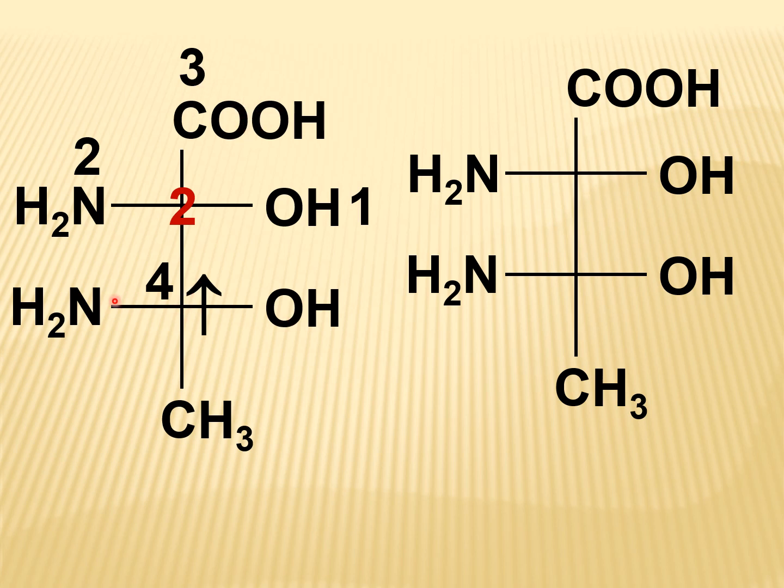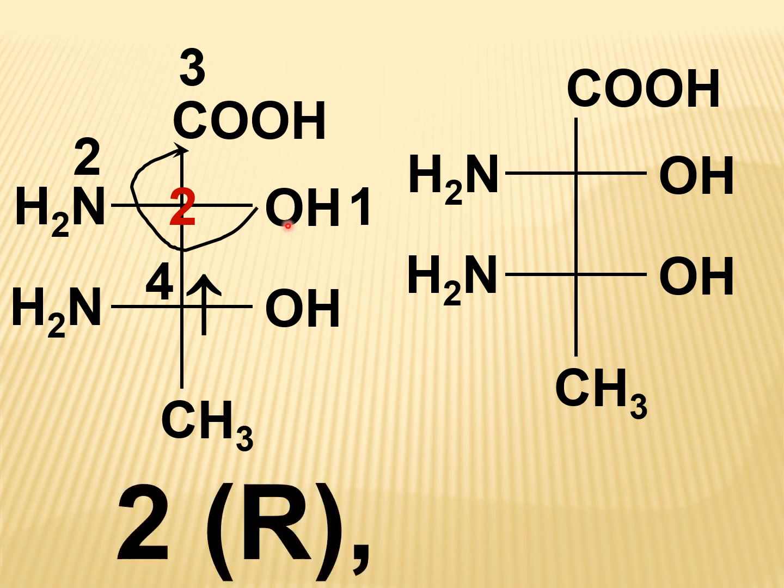In this case 1 oxygen, 1 nitrogen, 1 carbon, so priority is 4. View from behind the fourth priority group, which is in the vertical position. Move from 1 to 3, that is clockwise, and so the naming will be R, 2R.